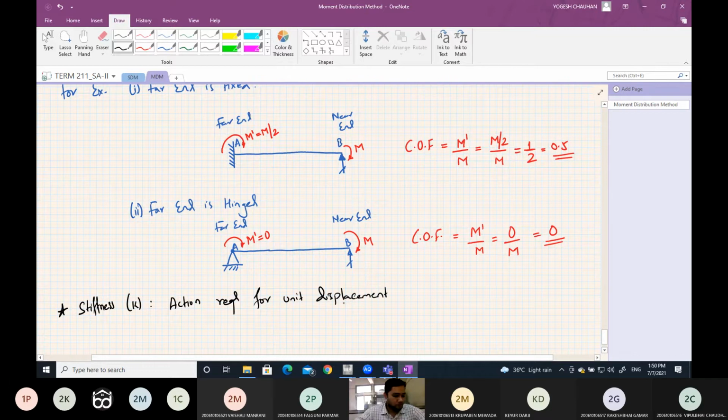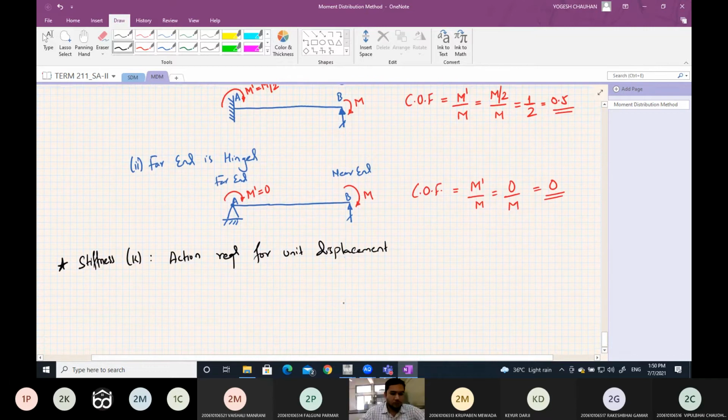Okay. So we can say K is equal to action upon displacement. Now the action can be in terms of force, or it can be in terms of moment.